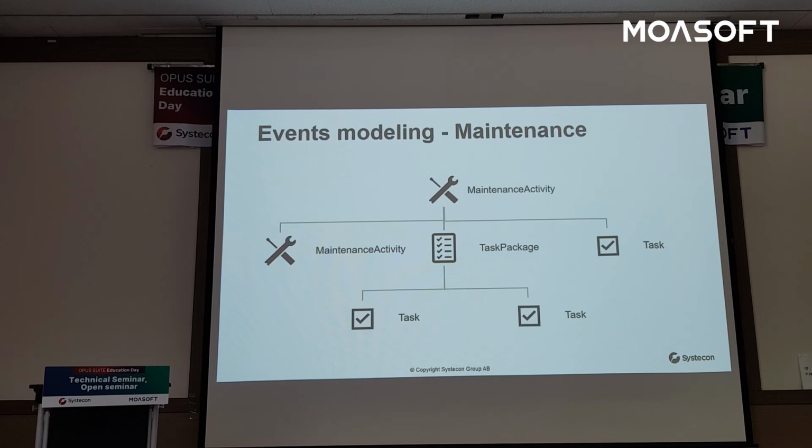And working with LSARs and so on, you're probably used to seeing a list of things that we need to do to fix the item. That's what we call a task package. So we can describe this as a package of tasks. But tasks are always the smallest building block here. So we start with the tasks and then we can group them together into a task package.